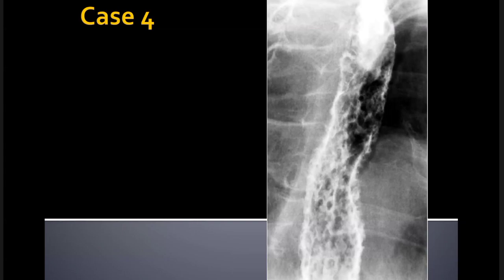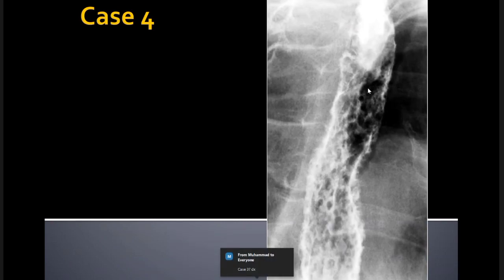Yeah, very good. This was candidiasis, absolutely. Whenever anybody mentions the words shaggy esophagus, it makes you think of candidiasis, doesn't it? You've got these ill-defined, irregular contours of the mucosa on both sides.